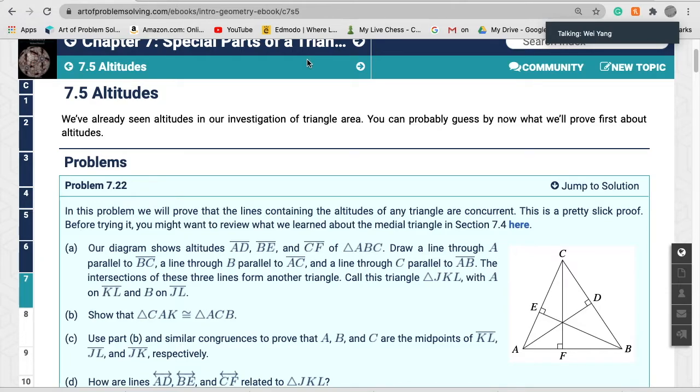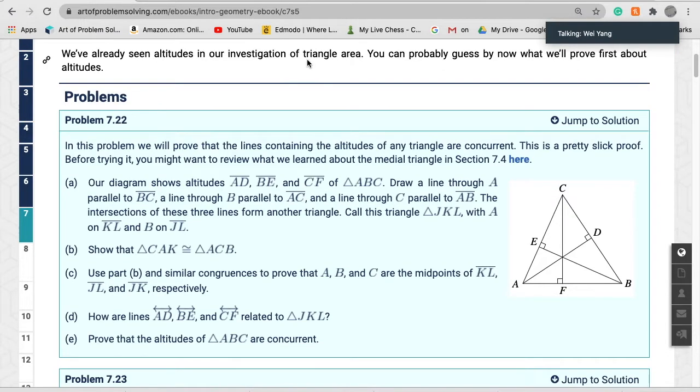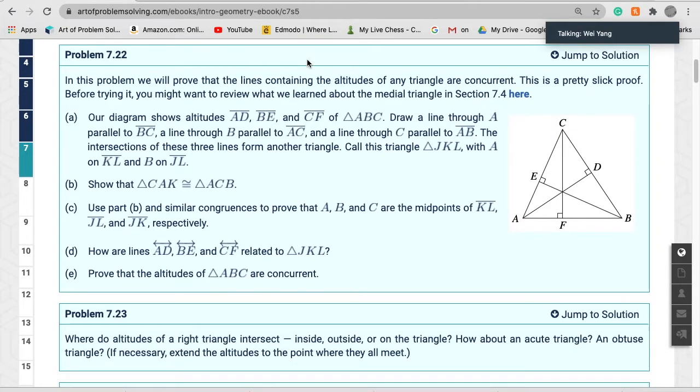See the example, Problem 7.22. In this problem, we'll prove that the lines containing the altitudes of any triangle are concurrent. That means the three altitudes intersect at one common point.